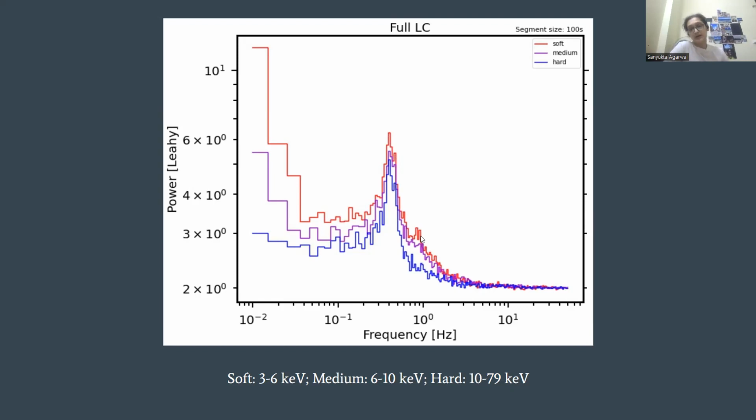And we also see the subharmonics varying. The soft one shows a relatively strong subharmonic compared to the medium and the hard one. So this shows that there might be relations between the QPOs and the energy band in which we might find them.